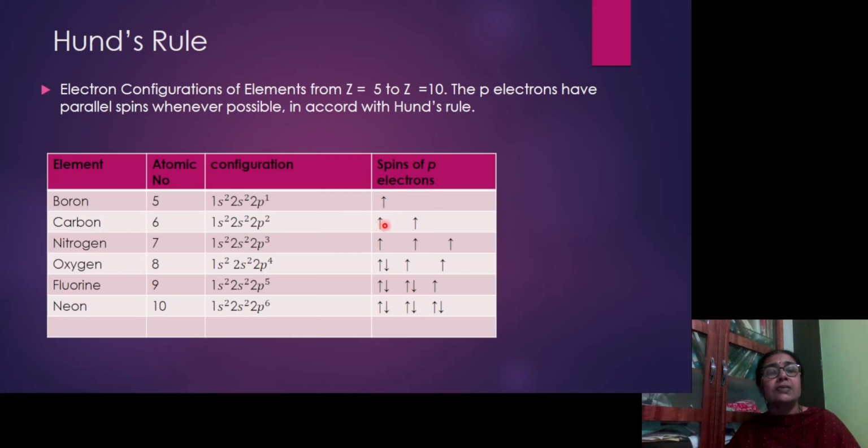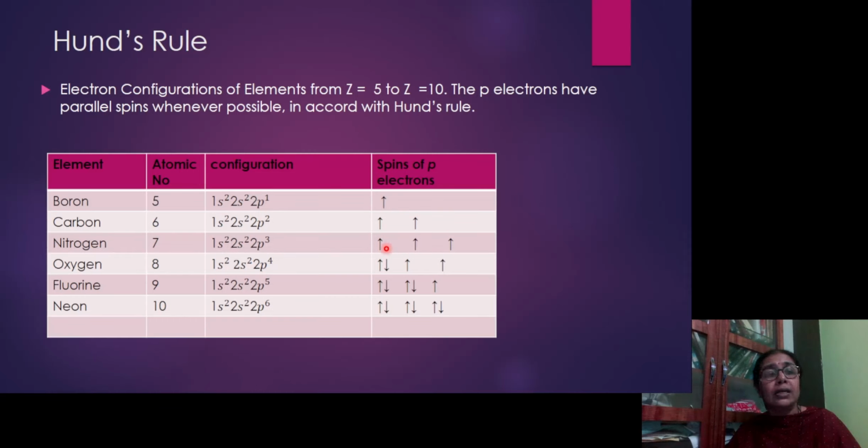Then the next, that is carbon with atomic number 6, will have 2 unpaired electrons. Remember that this p subshell has 3 orbitals corresponding to 3 values of ml, that is -1, 0 and +1. So there are 3 orbitals available.